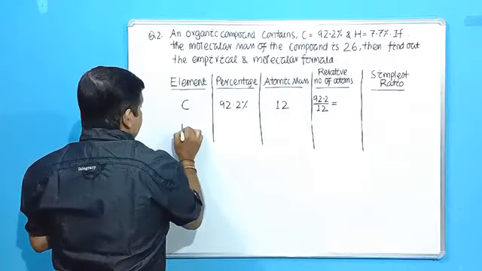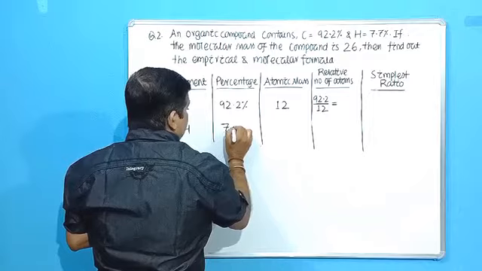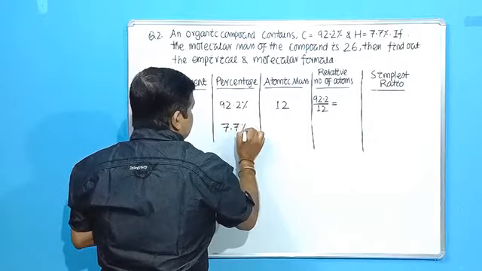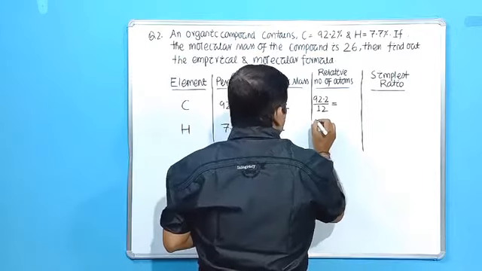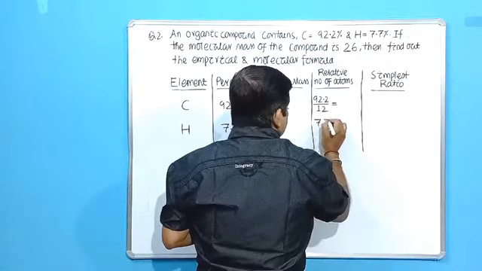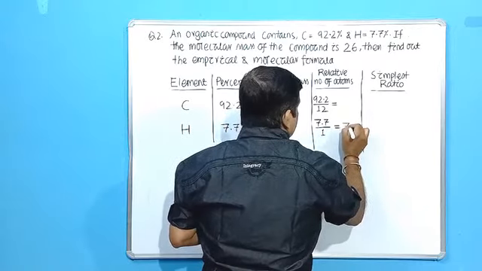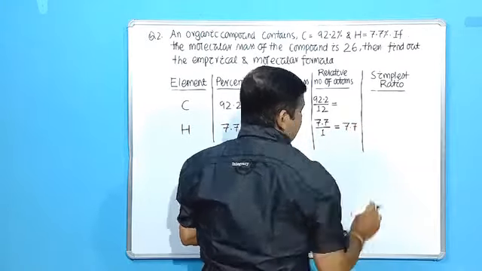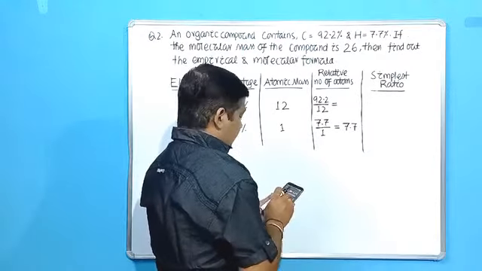Then hydrogen 7.7%. Hydrogen atomic mass is 1, so it will be 7.7 by 1, that is 7.7. This one is easy to find out. Let us see what is the result of 92.2 by 12.